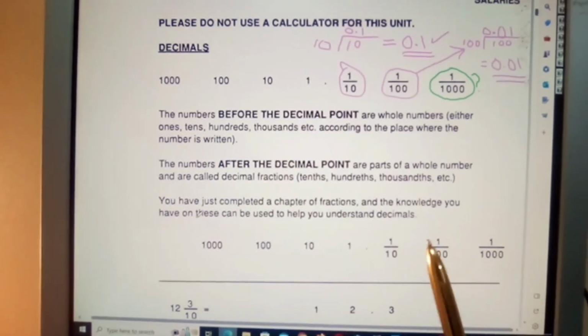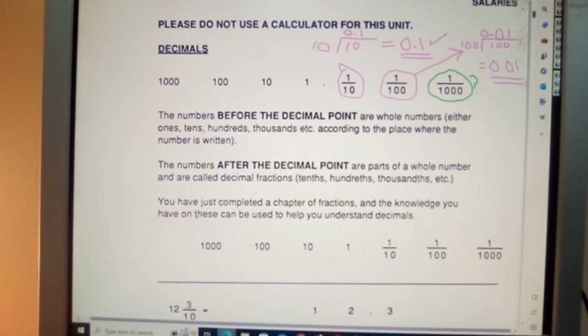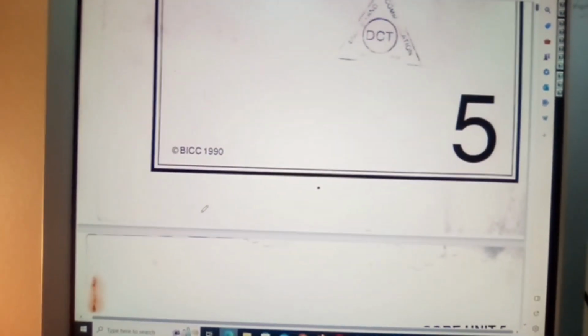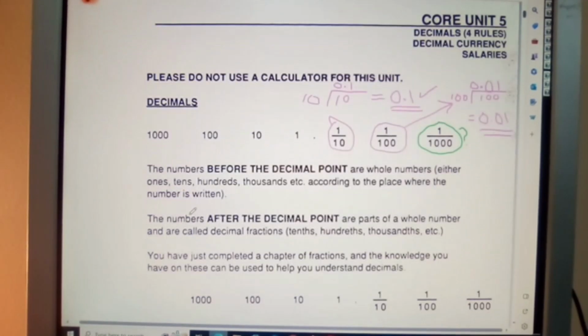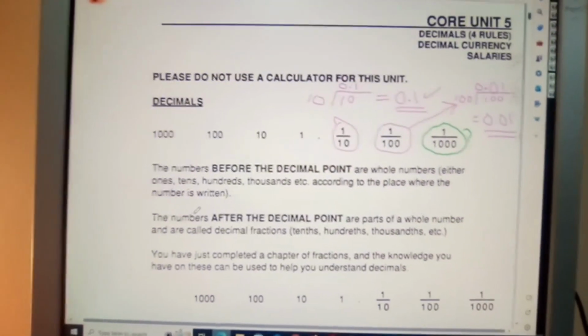Yes, I've done section 4 in regards to fractions, so if you've done 4, this should become a walk in the park.